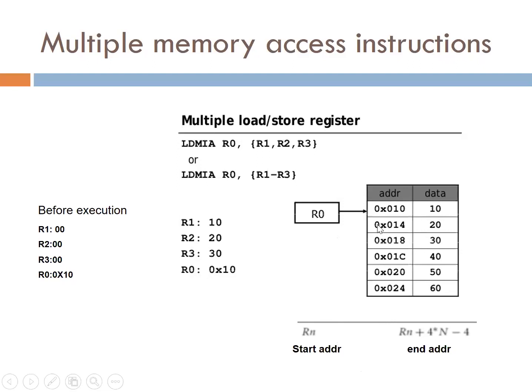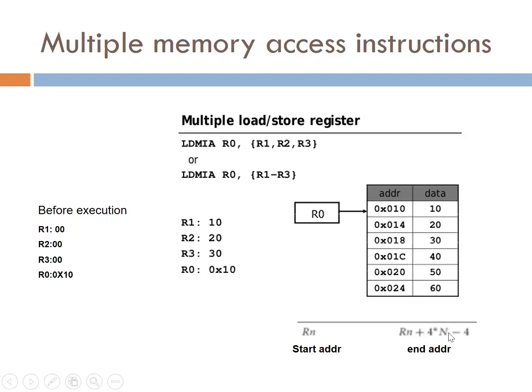Starting address is here. So first data will be loaded into register R1. Did you understand? So the data starts from this memory address. Now, what will be the end address? The end address will be given by this formula, Rn plus 4 into n minus 4.